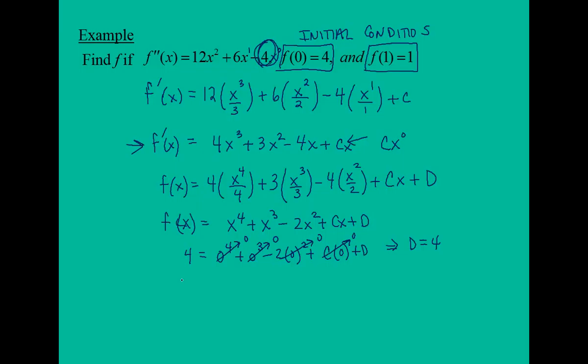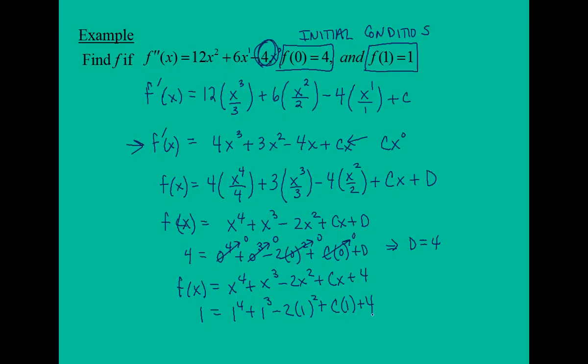So let's plug in d. We have our f of x equals x to the 4th plus x cubed minus 2x squared plus cx plus 4. Now let's use that initial condition. We'd have 1 to the 4th plus 1 cubed minus 2 times 1 squared plus c times 1 plus 4.